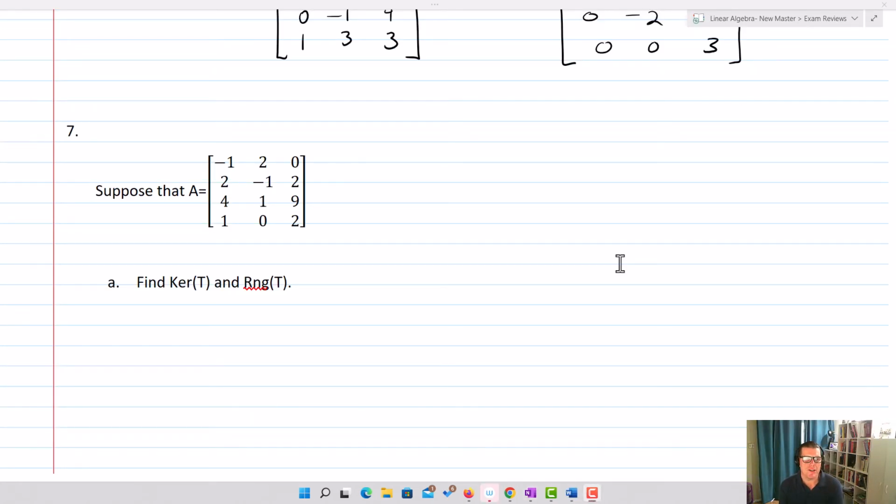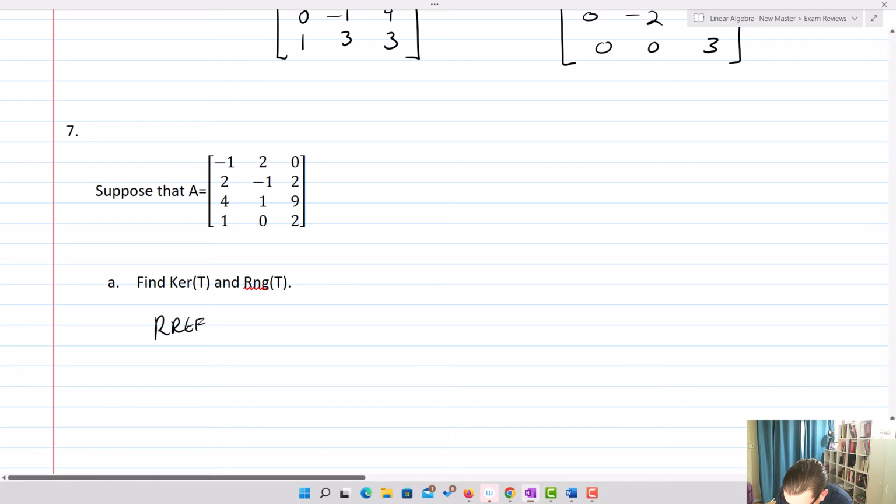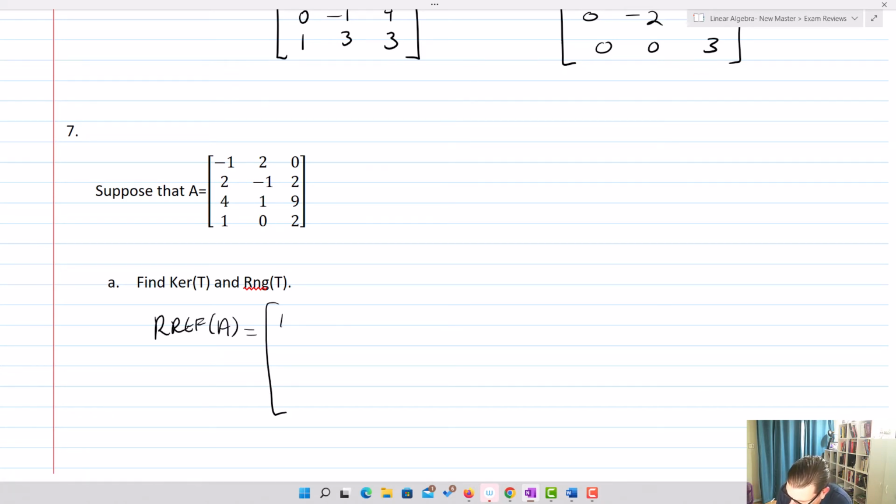Let's suppose that we have the matrix of the transformation A equal to -1, 2, 0, 2, -1, 2, 4, 1, 9, 1, 0, 2. So the first thing that I want to do is find the RREF of A, because the kernel of T is just simply going to be the null space of A. So the RREF of A is 0, 1, 0, 0, 0, 0, 1, 1, 0, 0, 0, 1, 0, 0, 0, 1, and then 0, 0, 0.